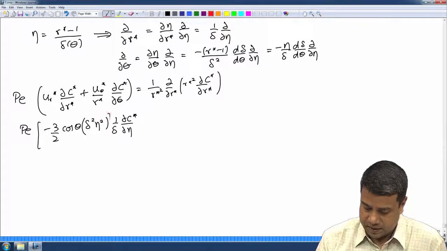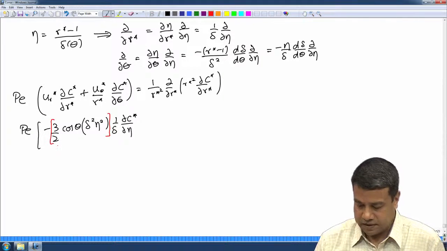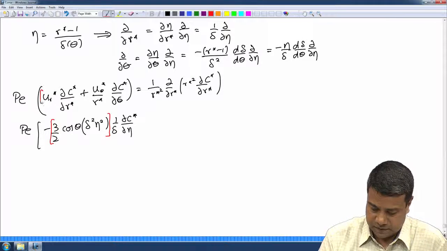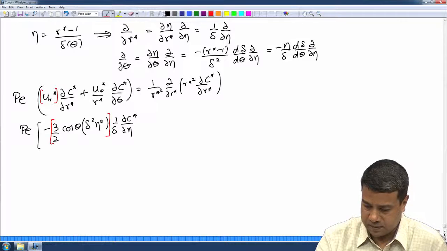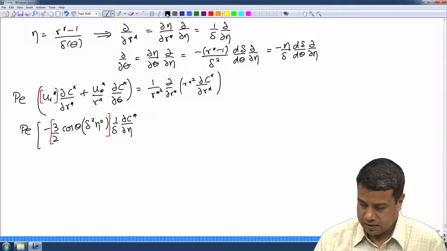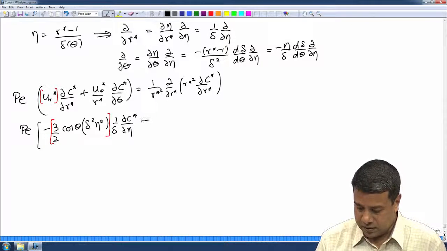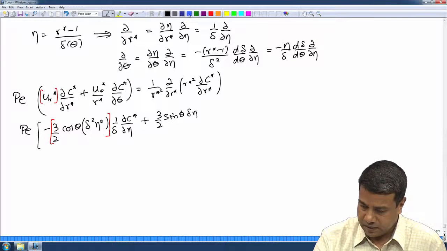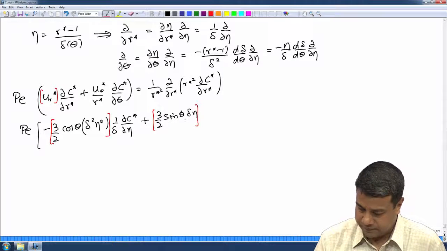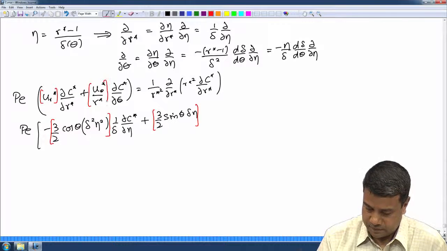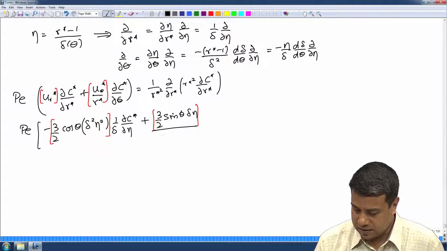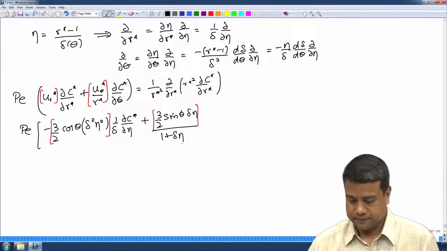So, the first term here is the radial velocity, and the second term here is partial c by partial r. Then u theta, which was plus 3 by 2 sin theta delta times eta. That was the velocity. And I have to divide that by r star, which is 1 plus delta eta.